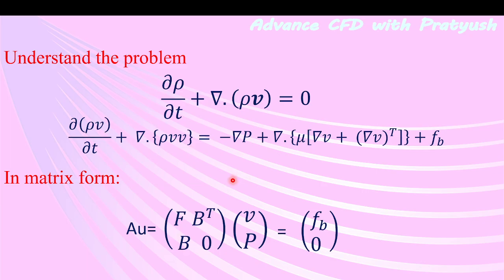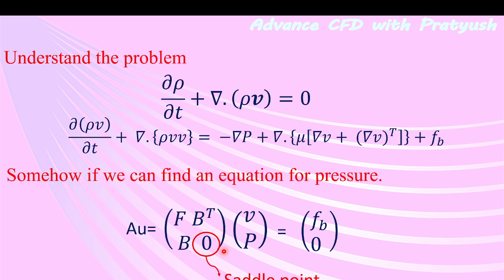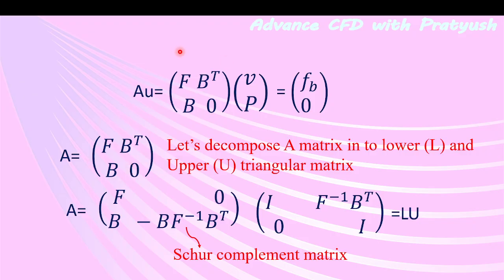So this matrix is sometimes known as the saddle point. Now this A is the matrix. We can decompose this A matrix into the lower triangular matrix and upper triangular matrix.